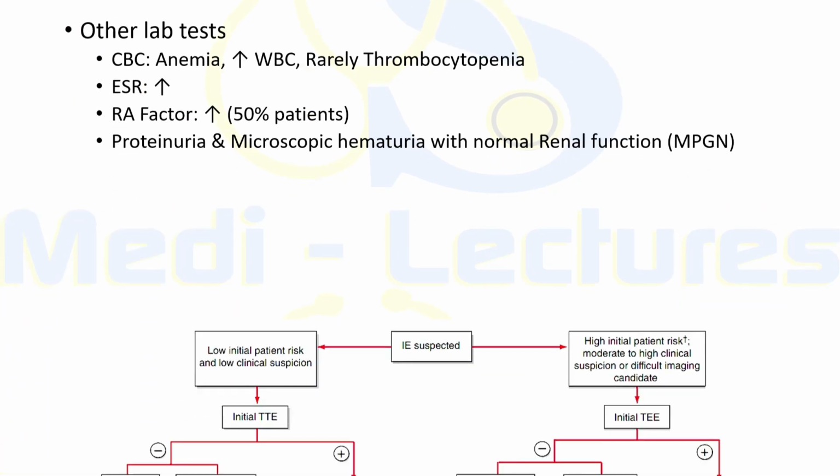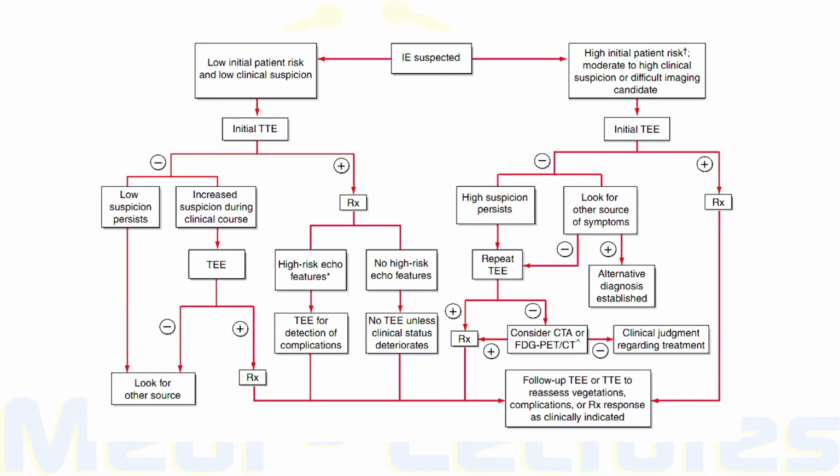Now, this flowchart will help you understand the indications of transthoracic and transesophageal echocardiography. If a patient comes with suspected infective endocarditis and on examination he is a high risk patient. So, what is a high risk patient?